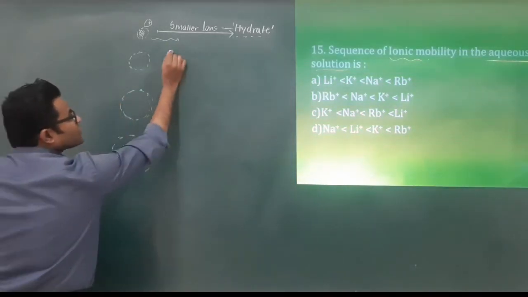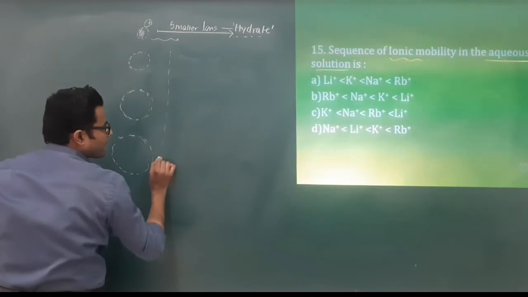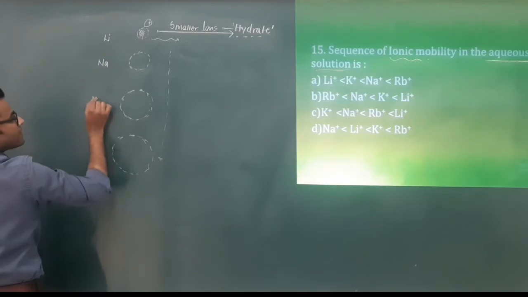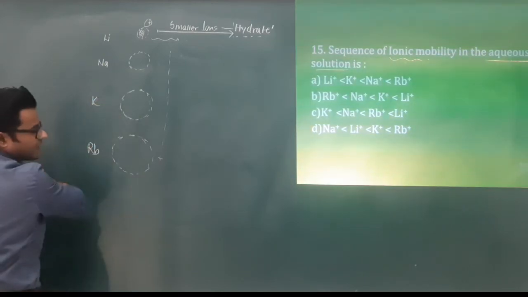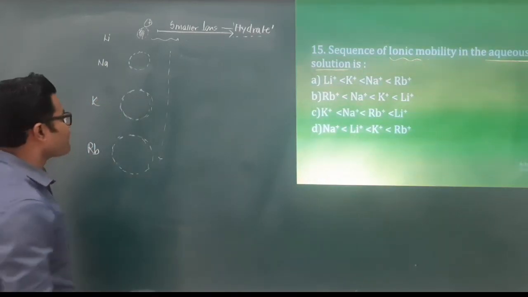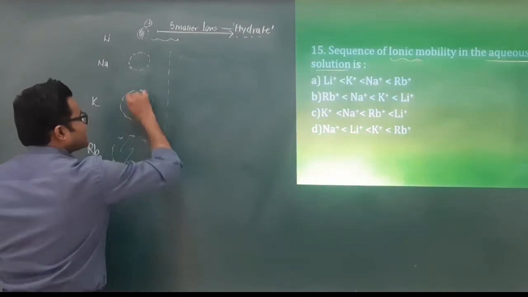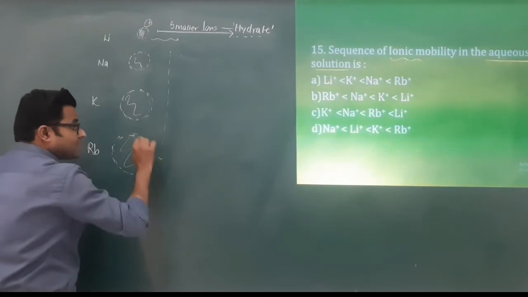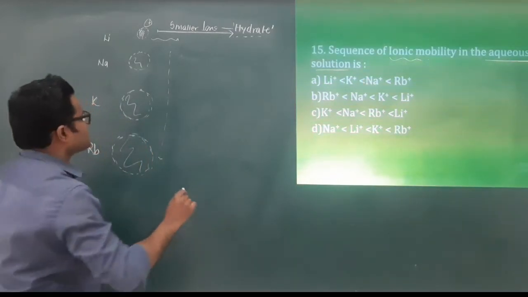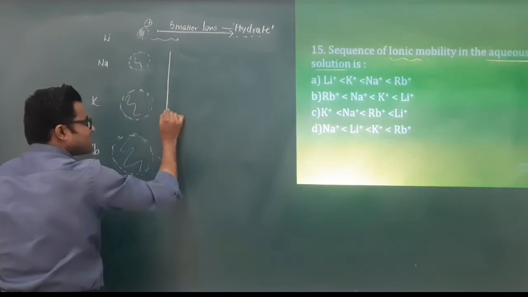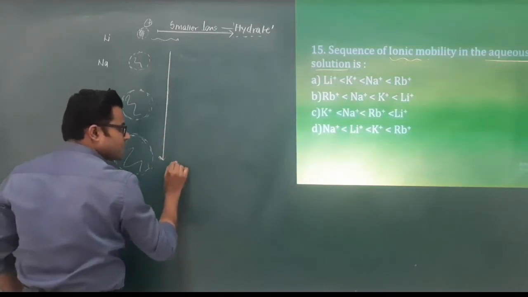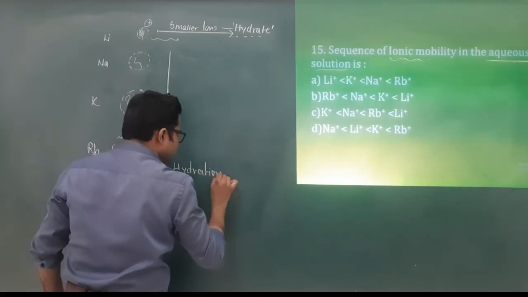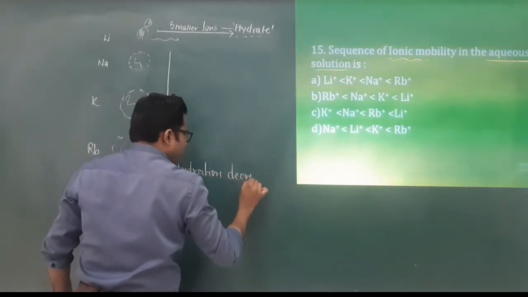Now, as we go down the group, from lithium to sodium to potassium to rubidium, the size of ions goes on increasing. As the size of the ion increases, hydration is going to decrease.